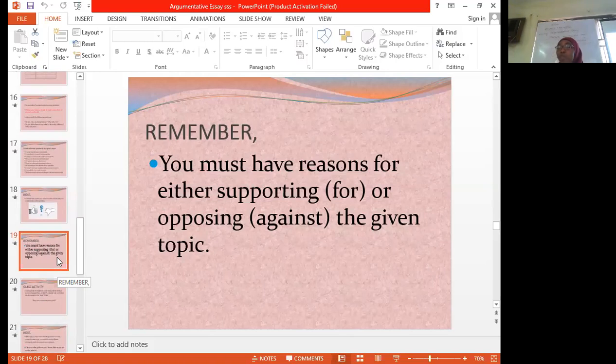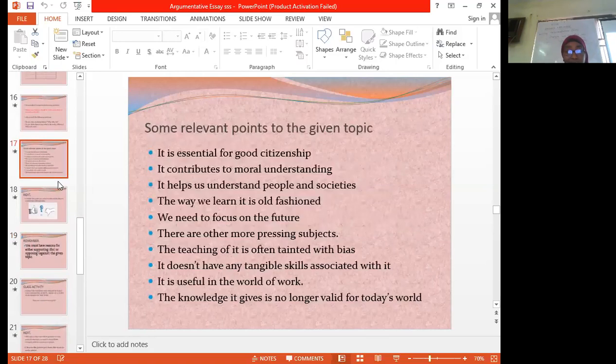Yes, that's why I said you can't use all the old points. There are some points that you can actually merge. Like the one that says we need to focus on the future, and it does not have any tangible skills associated with it. You can merge some points into one paragraph. But if you have like 4 points, you can't just write paragraph 1 point, paragraph 2.